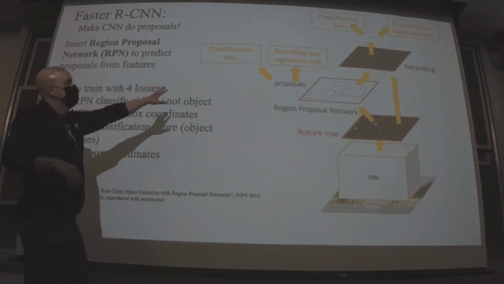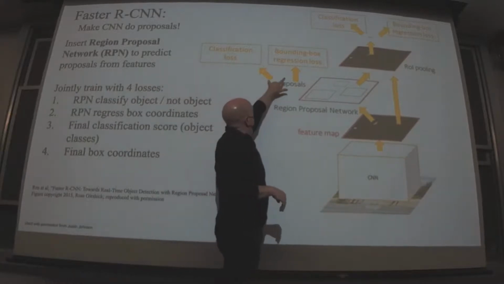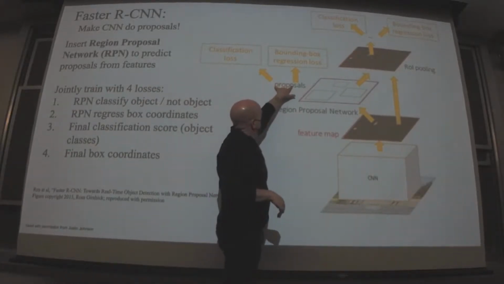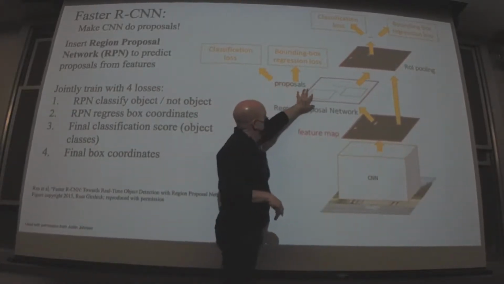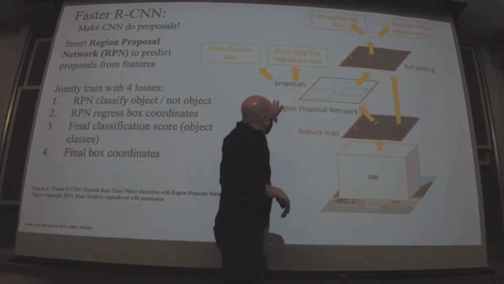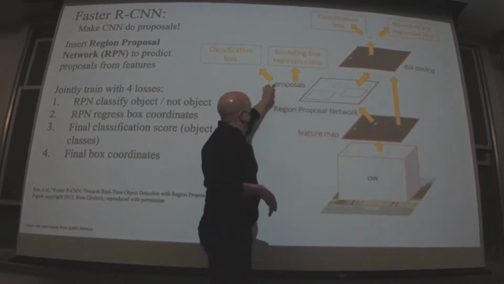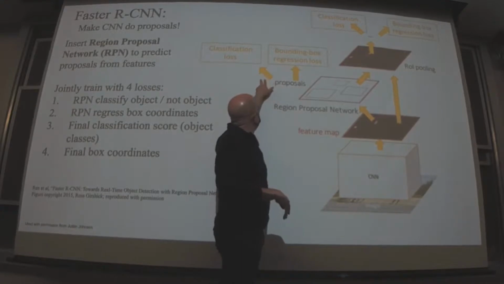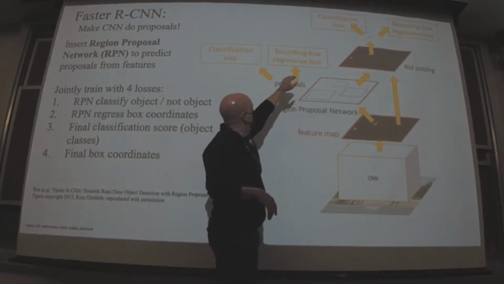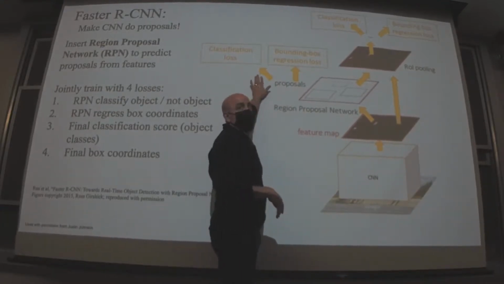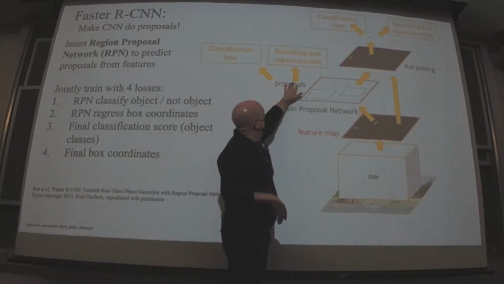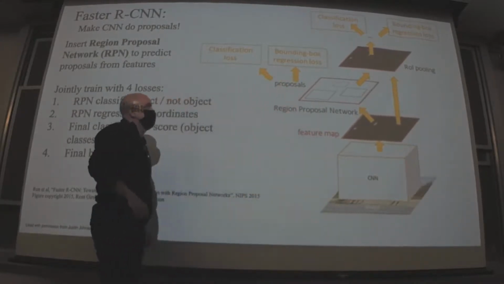So these are losses on the region proposal network. And the classification here is not the same as there. This is really binary object or no object. This is the same though as predicting the regression.